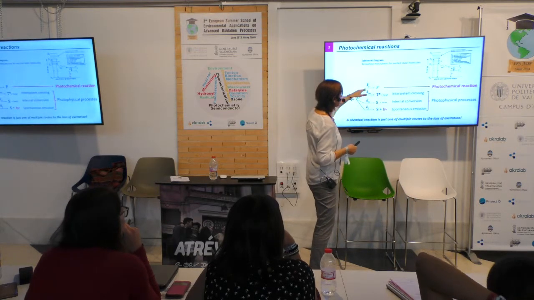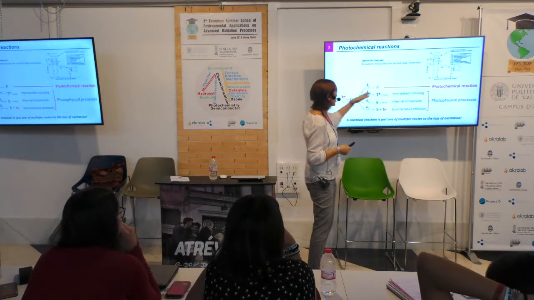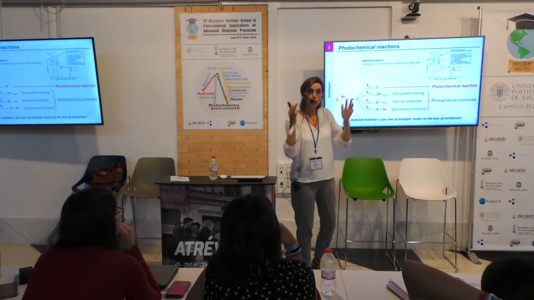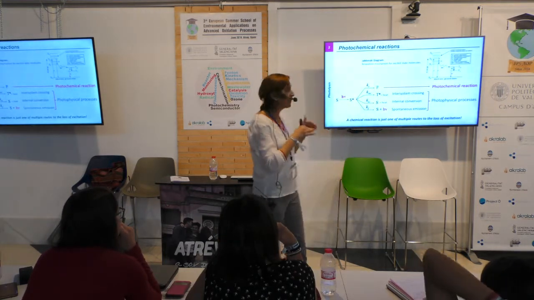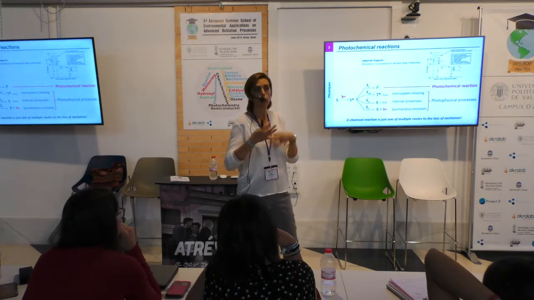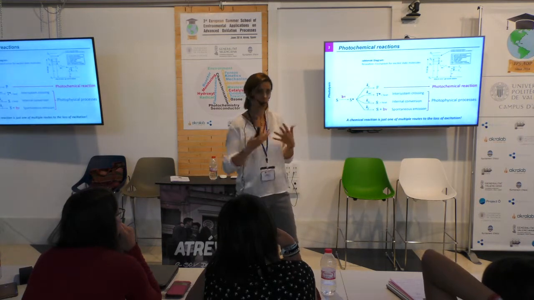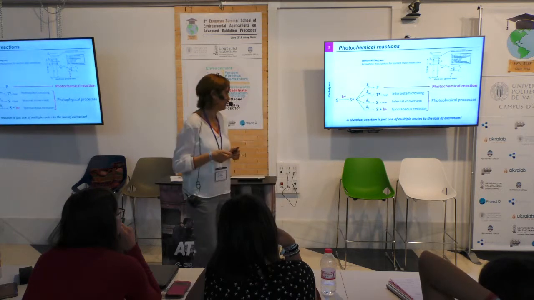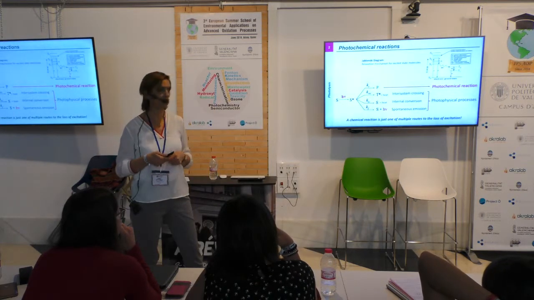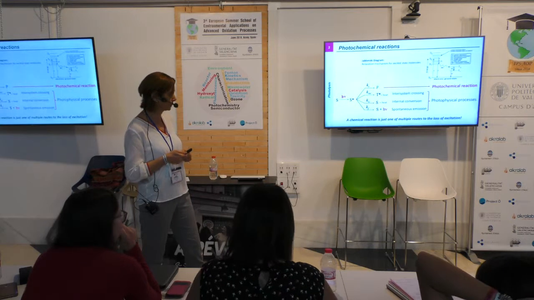And it's important to remark that photochemical reaction is just one of multiple pathways for this excited molecule to render products. There are very different types of routes for the loss of the excitation state of a molecule.